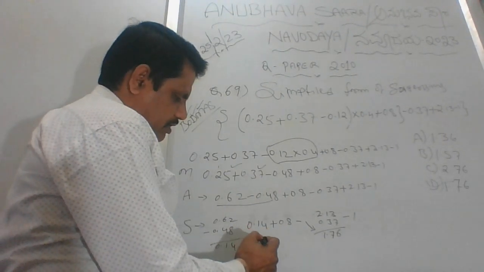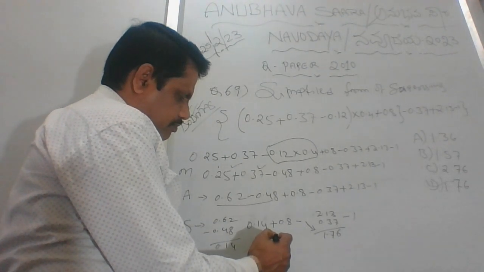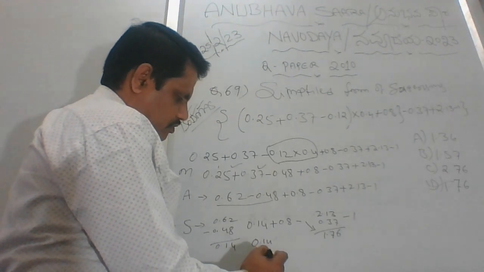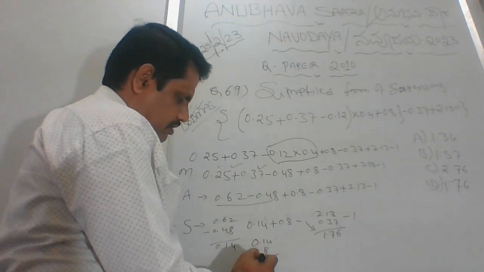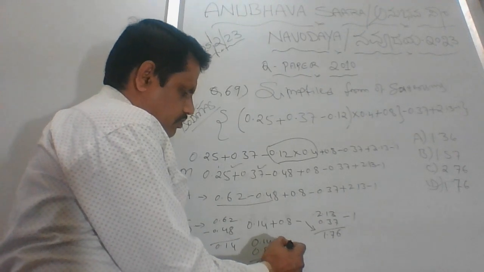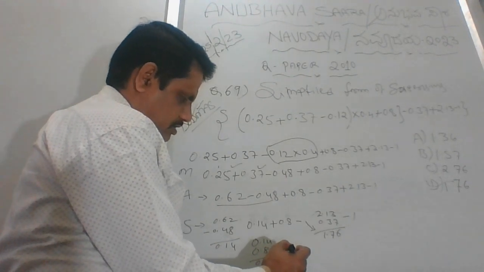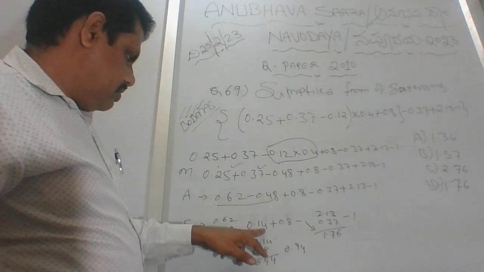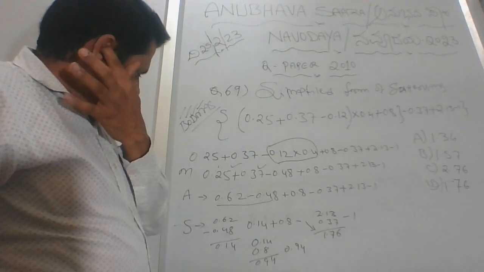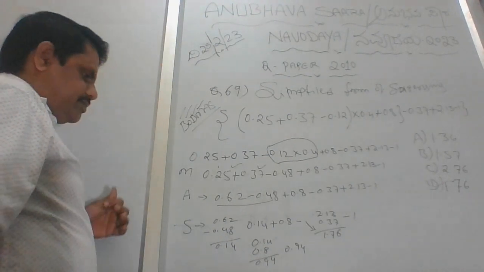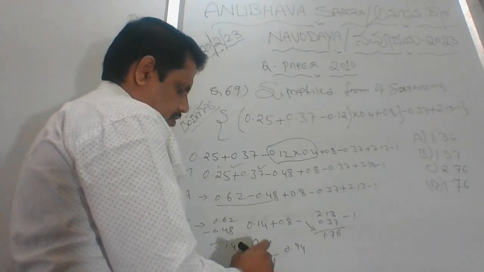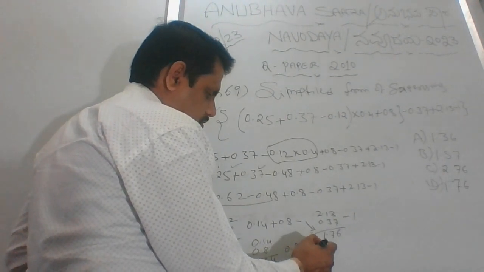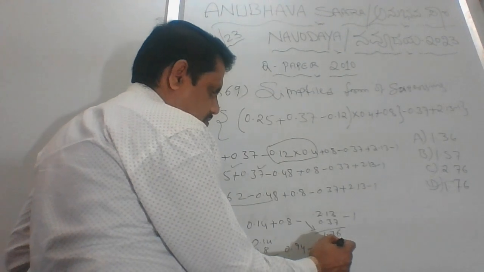Done. Now finally we got 0.14 plus 0.8. That means 0.94. So 0.94 minus 1.76 minus 1.